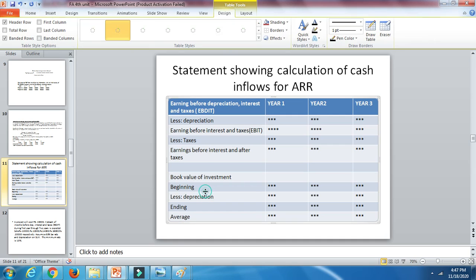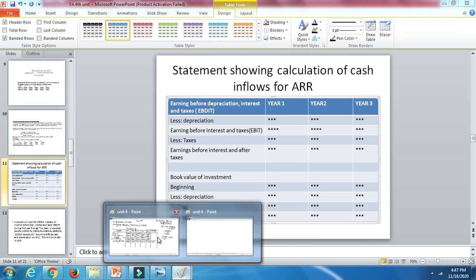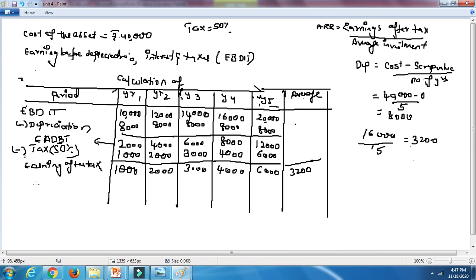We need to take the beginning value, less depreciation we need to deduct, ending value, and beginning and ending divided by 2 you need to take. That is how you get the average out of it. We are done with the one part, the numerator part. Now we need to do the denominator part as such.